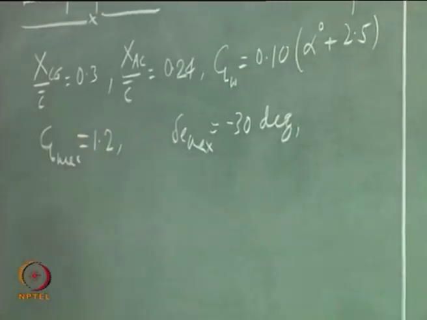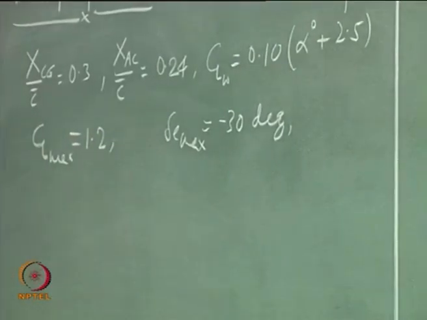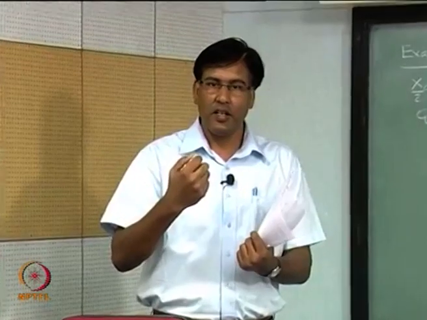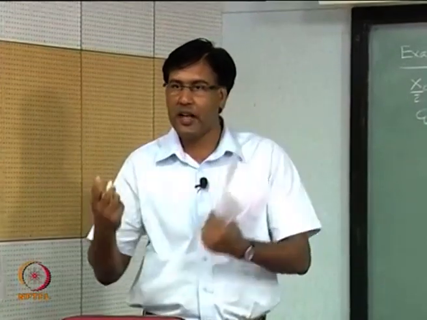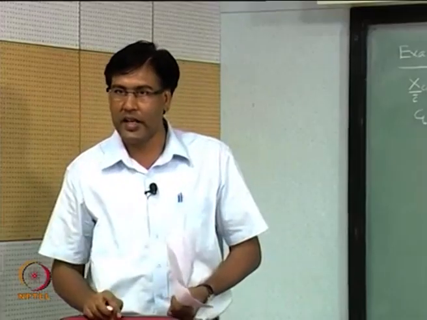So, CL max should not be calculated as CL max of the wing minus CL max, or plus CL max, of the tail, right.